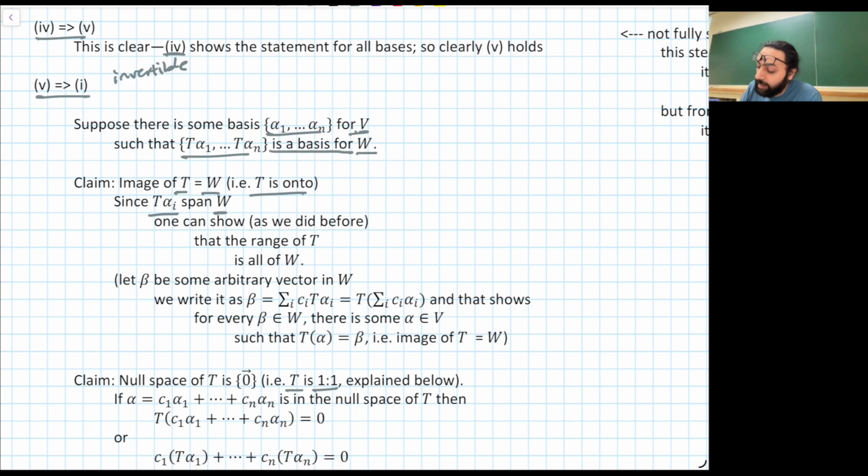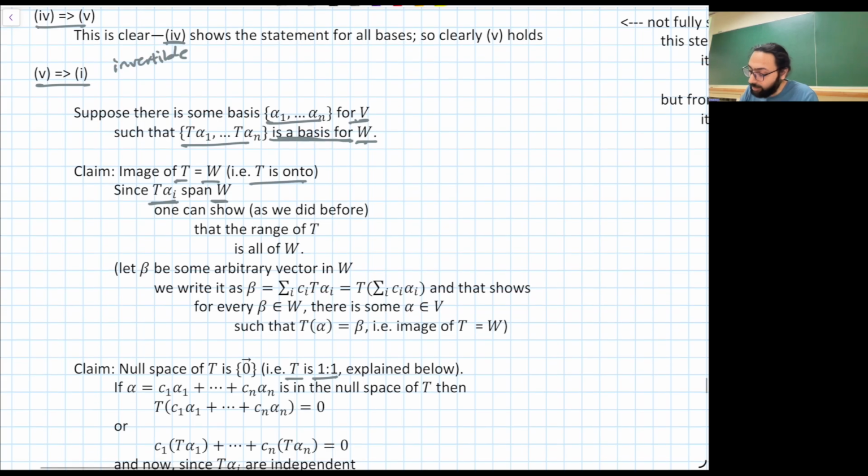So T alpha i is a basis for W, which means T alpha i already spans W. So there's not much to prove here. One can show, as we did before, that the range of T is all of W.